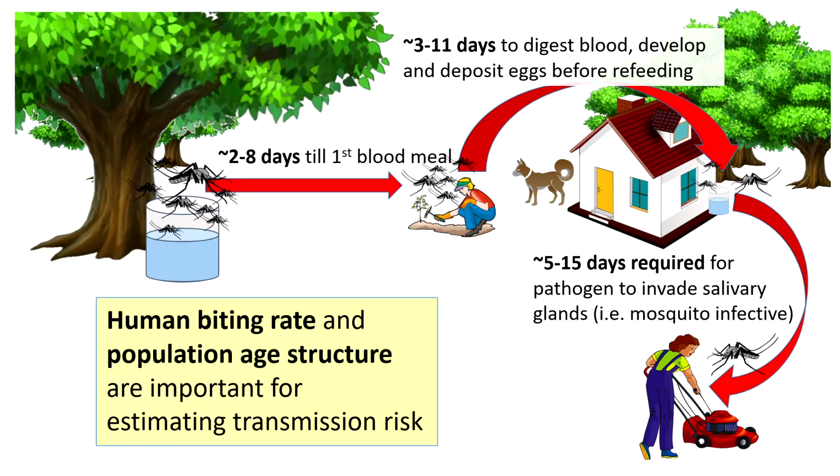And the population age structure or daily survival determines the proportion that are actually going to live long enough that they can pick up a pathogen from an infected human and then pass that on to a susceptible individual. And this can involve a fairly long duration or age at which a mosquito is actually able to or at risk of transmitting a pathogen.